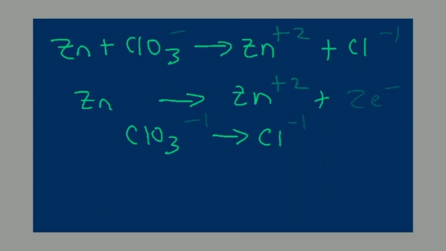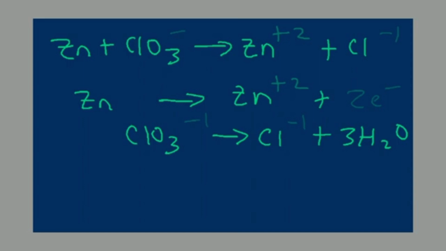So we need to add 3 oxygen atoms to the right side. Under acidic conditions, you can balance such reactions by adding H+ or H2O. Since we need 3 oxygen atoms on the right side, let's add 3 water molecules, since water contains oxygen. So now the oxygen atoms are balanced.